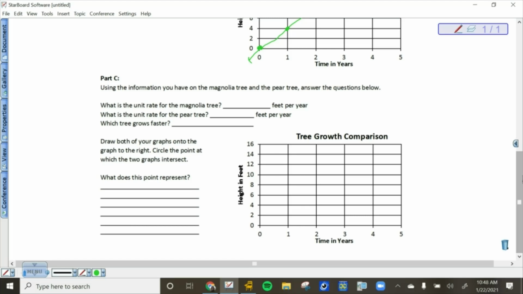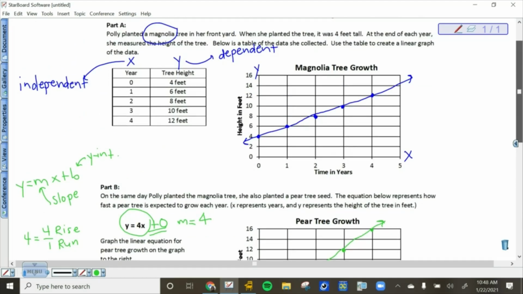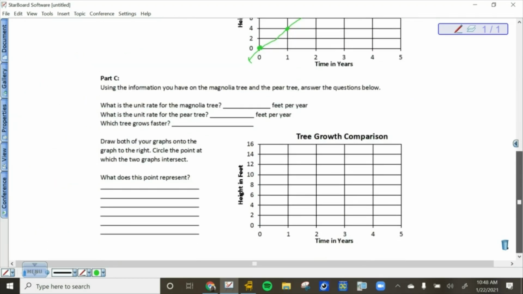That's part 1 of part C. Then I want you to draw both your pear tree and your magnolia tree equations on this graph down at the bottom. And then circle the point where the graphs intersect, and tell me what you think that point represents.